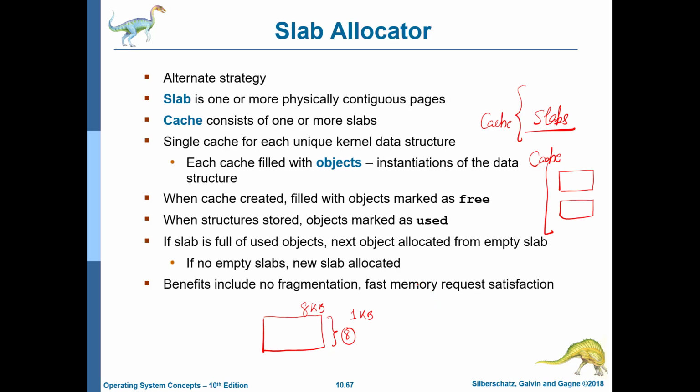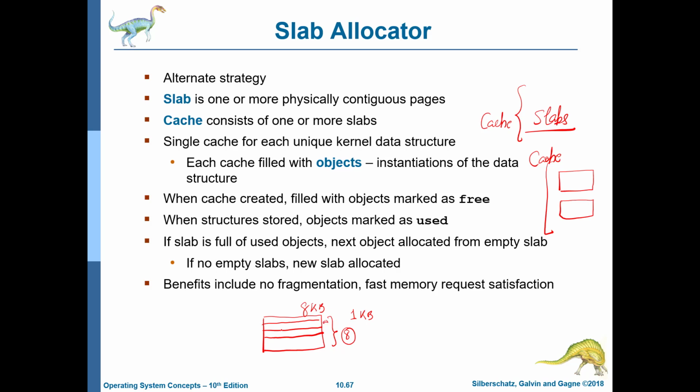So we partition the slab into different objects where each object is of the same size. Whenever the kernel wants an object, we allocate a memory area in the slab, and we already know the size of the object, and then it is assigned to the kernel thread.